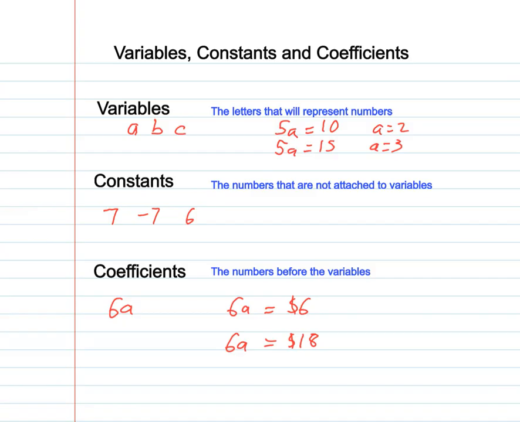So just to remember, variables are the letters that represent numbers, constants are the numbers that are not attached to variables, and coefficients are the numbers before the variables.